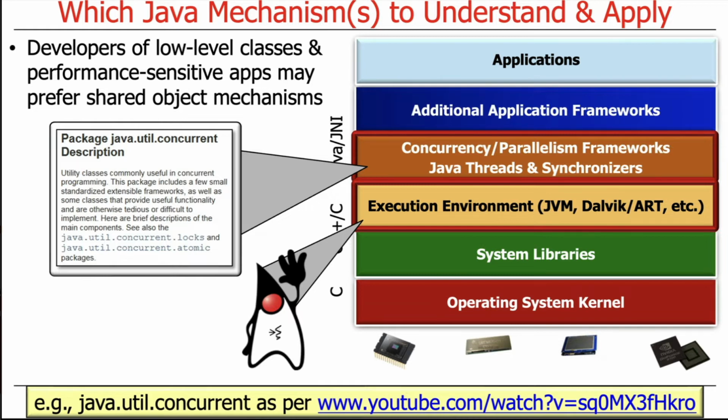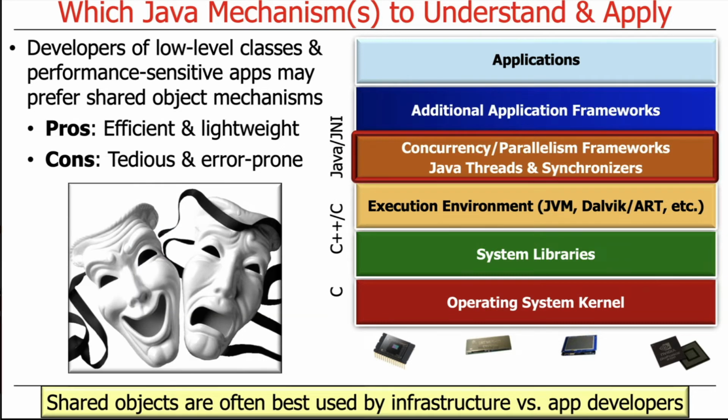Those are mostly things we're not going to cover in this class, but if you were interested about that, you could go watch a video here and you'd learn all about that. The good part about using those low-level synchronizers is they're very efficient and lightweight because they don't do a whole lot, so they're meant to be lightweight. But because they are lightweight and don't do a whole lot, they tend to be somewhat tedious and error-prone to use in practice.